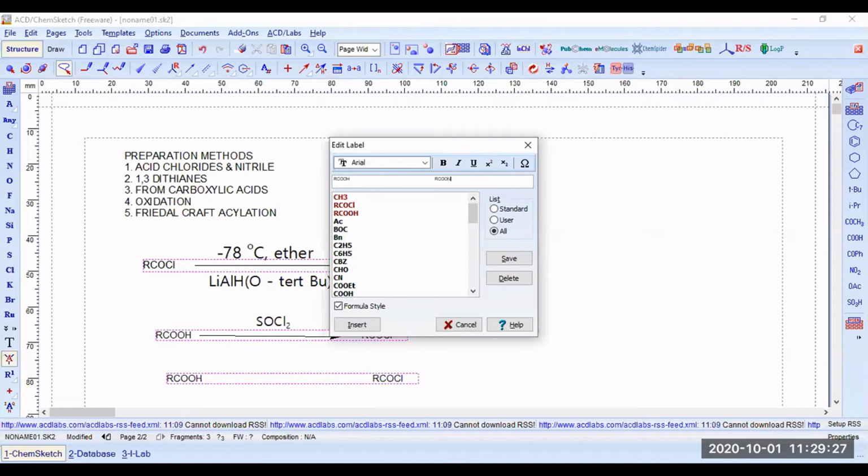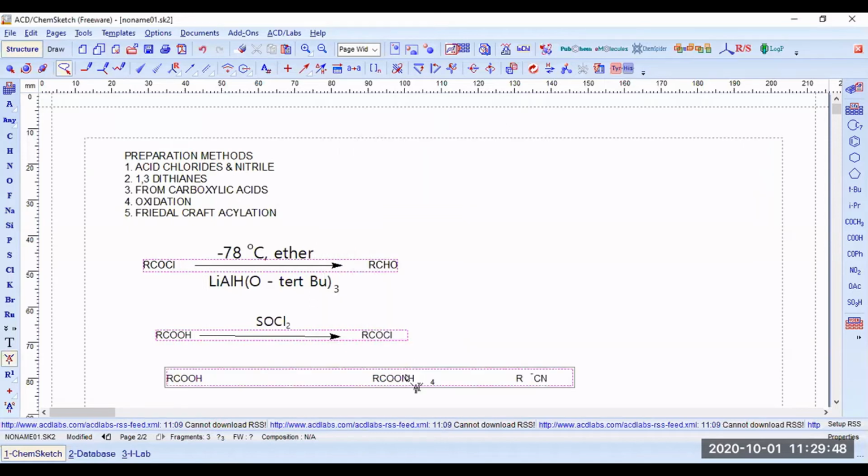That is what it will be. This, if you are heating in presence of P2O5, you get RCN, that is alkyl nitrile. So now this is the reaction.